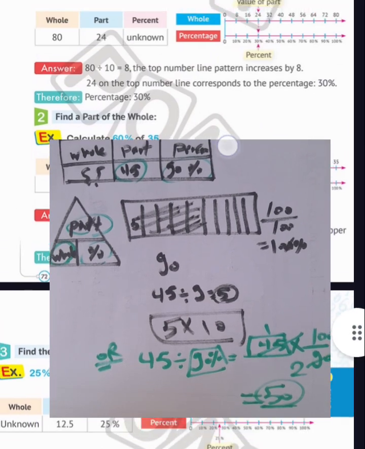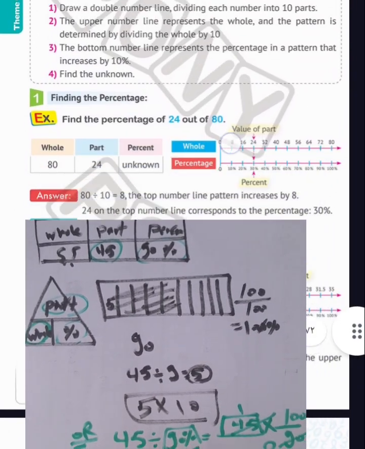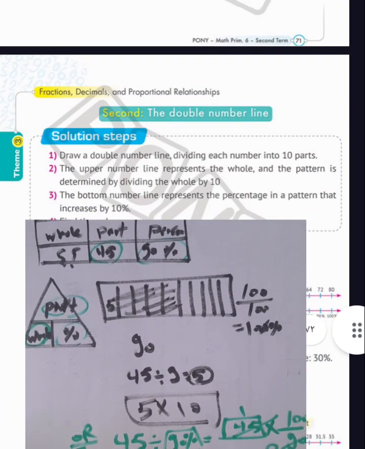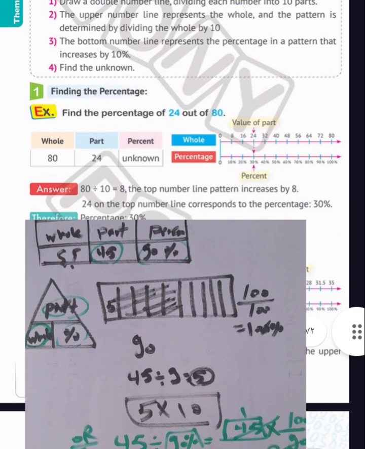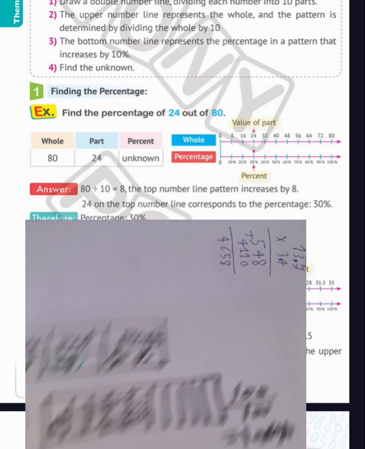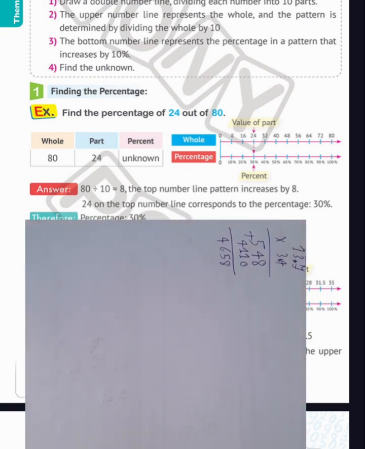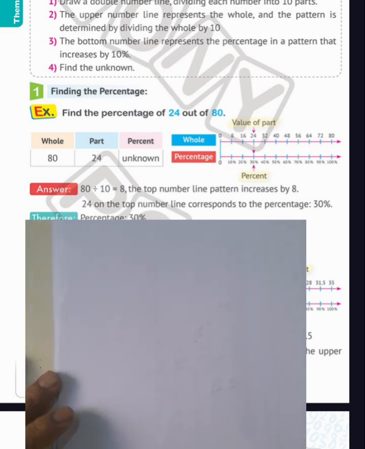The next method we can use is the double number line. What about the double number line? For example, he will give you this table, and he will draw 2 number lines, and he puts in the first number line the whole number and here the percentage, and wants you to find the value of each.